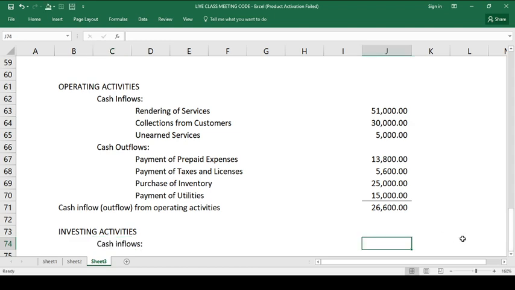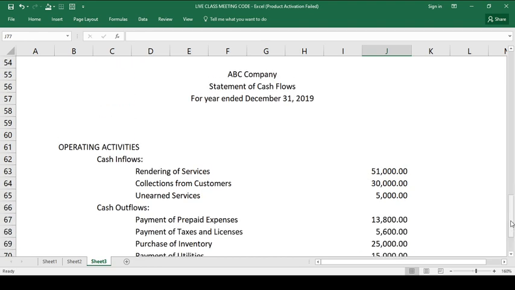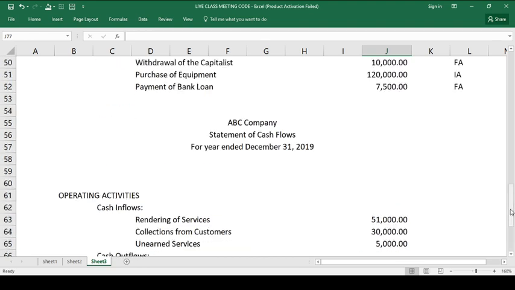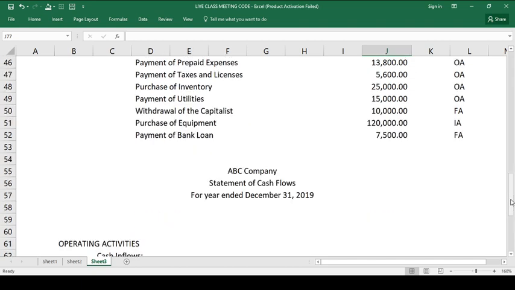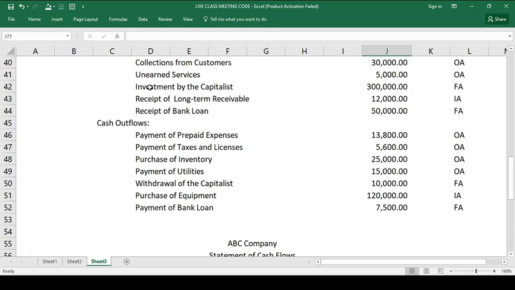Tignan po natin sa taas, sa provided information. Based on the information provided, the cash inflows natin for investing, isa lang, ito lang: receipt of long-term receivable. So, isa lang po ang investing activity natin.